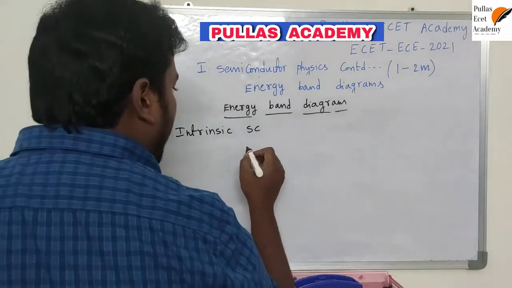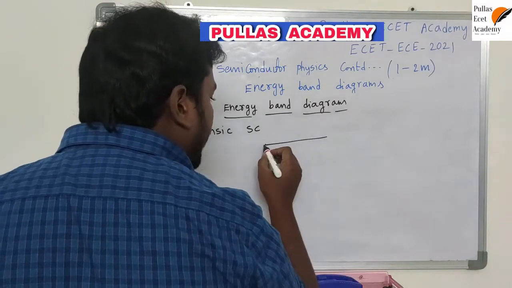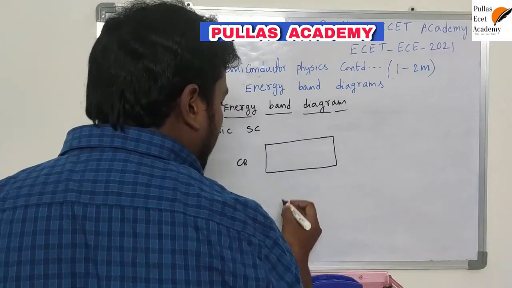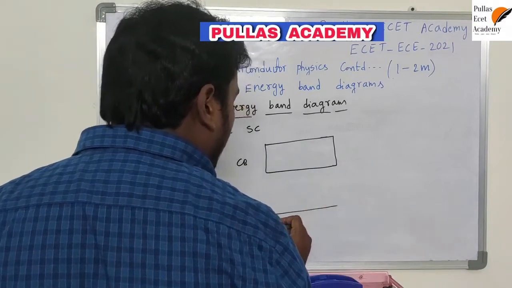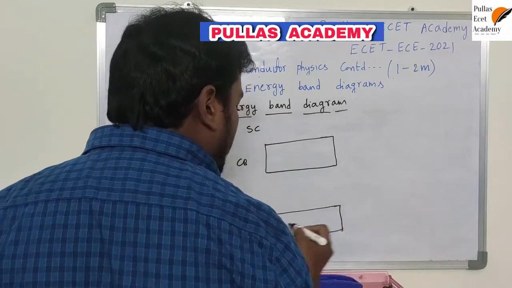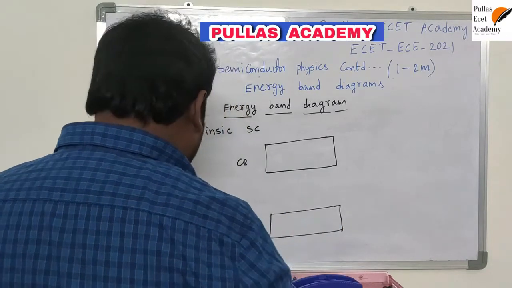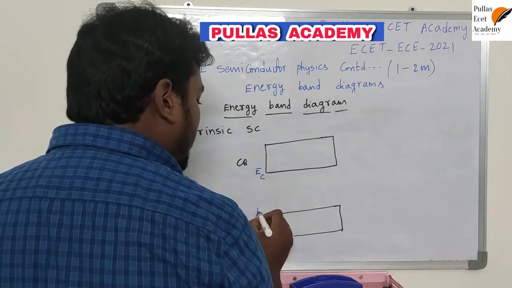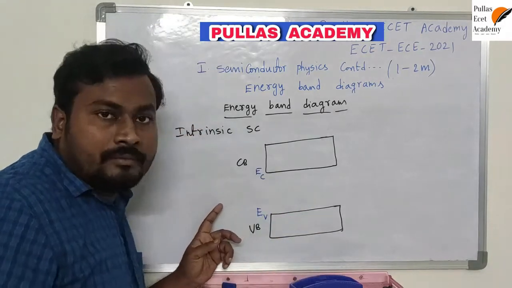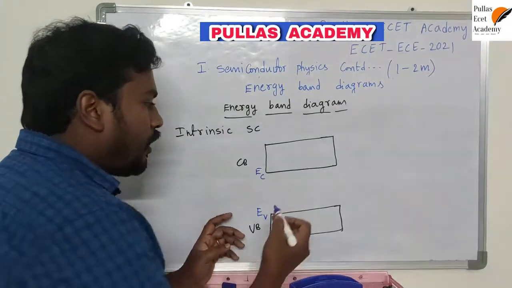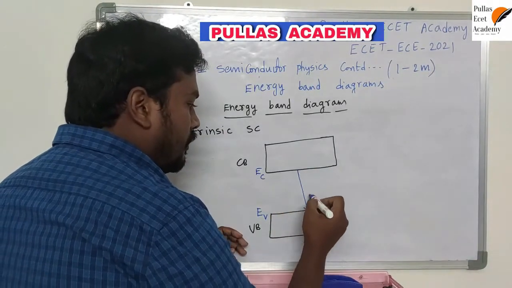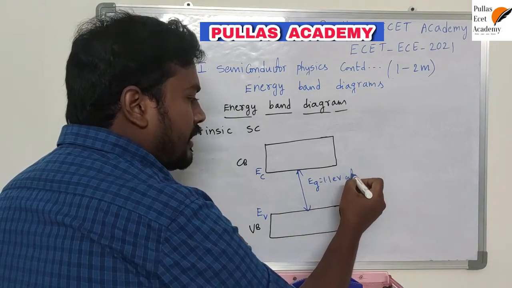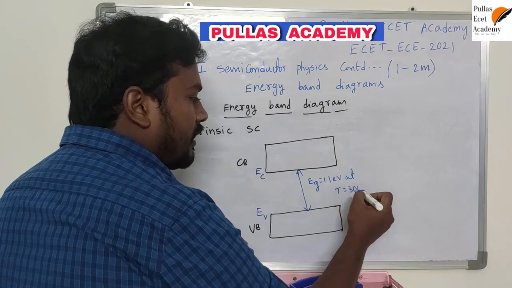Again you have two bands: one is conduction band, the other one is valency band. As I was mentioning, this is EC and this is EV. We will see what is going to happen here. So Eg is 1.1 electron volts at T equal to 300 Kelvin.